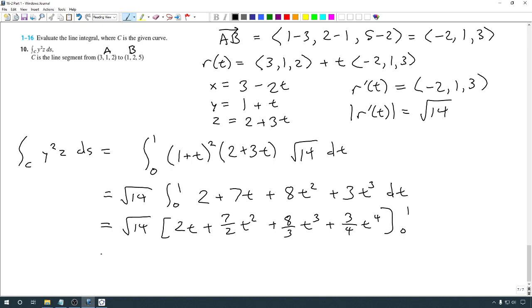Going from 0 to 1. Again, the 0 here is very nice. Everything becomes a 0, so we end up just getting to plug in 1. That's not always the case. I did have some people on the last exam not actually plug in both limits. They only did the top limit. I'm only able to do that here because the 0 gives me 0 for every term.